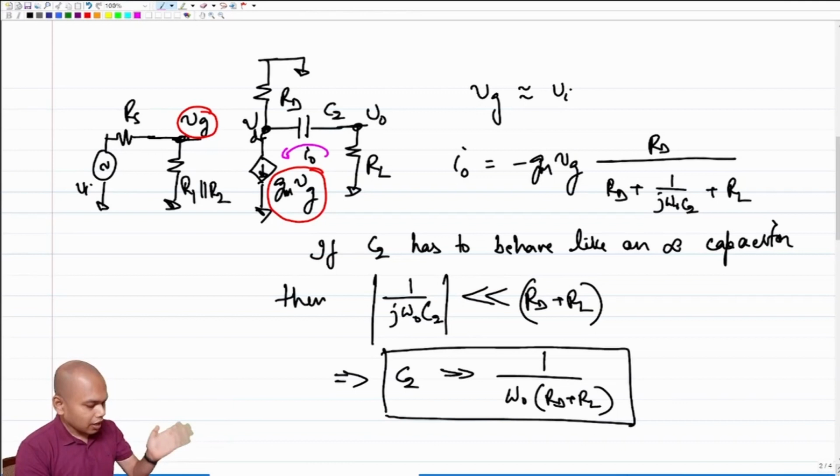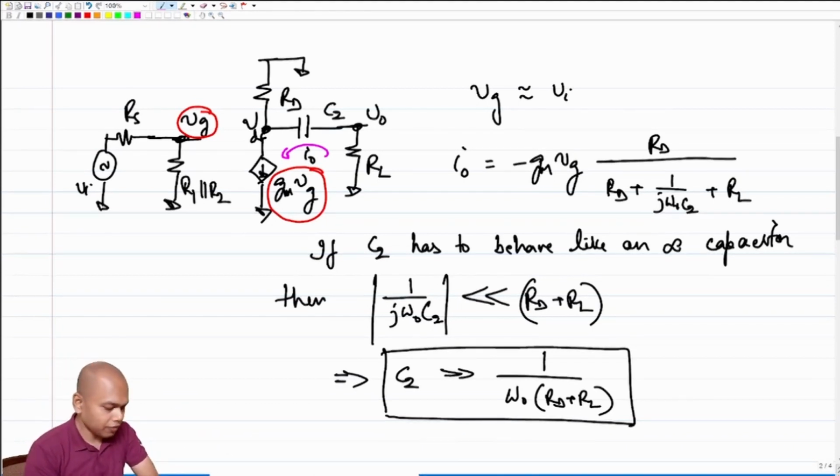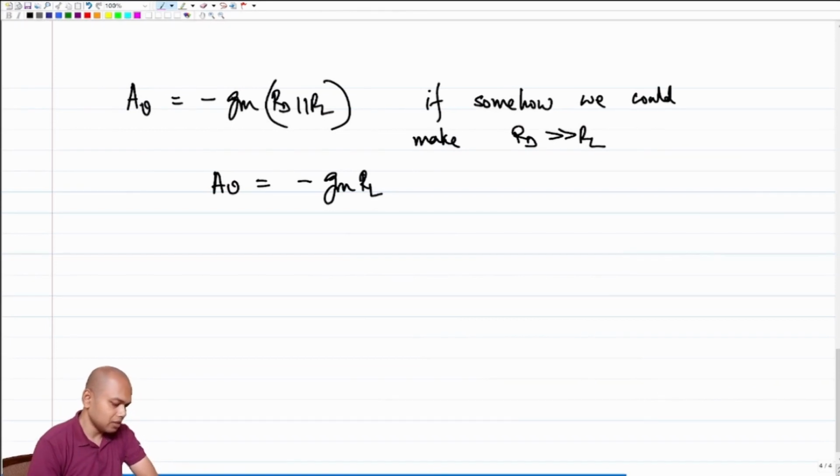The current always tries to go towards the path of minimum resistance. If RD is much larger than RL, then the current would definitely prefer to go to the right, and hence the output would have been minus gm times VG times RL, and hence the gain would have been minus gm times RL. So this is the maximum possible gain that we could get from the common source amplifier.